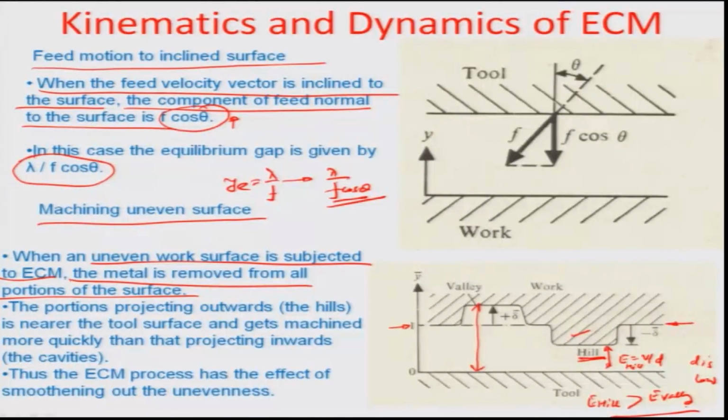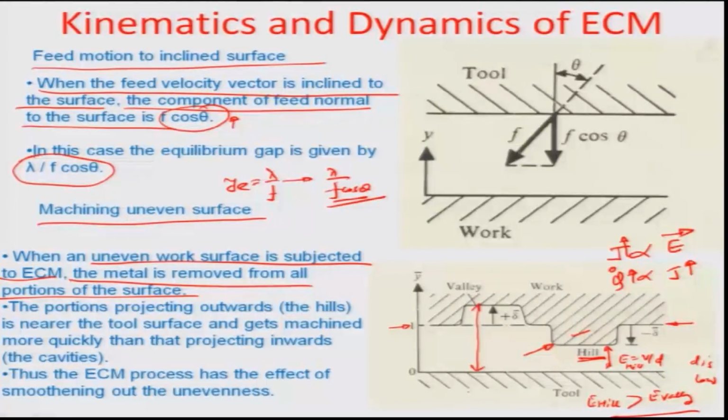You are also aware how the current density vector J is determined by the electric field in the electrolyte. If the electric field is higher, the current density vector also is going to be higher, meaning that the material removal rate q dot, which is again a function of the current density vector, will also be higher.